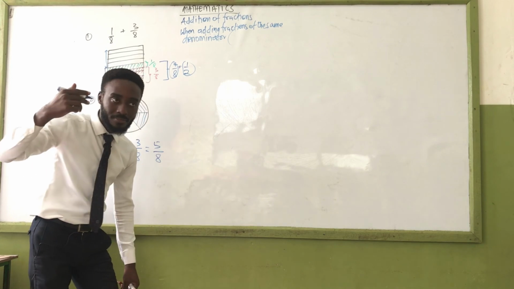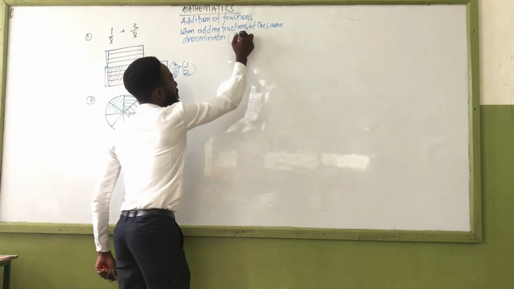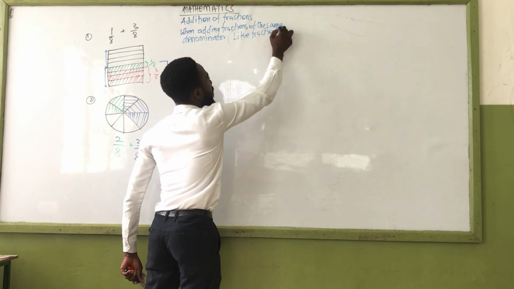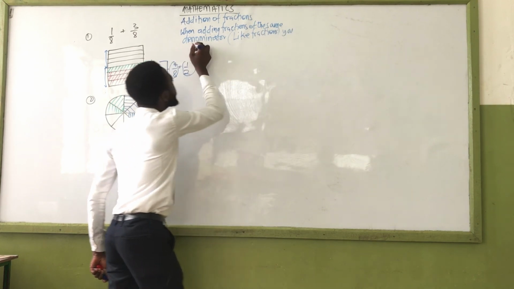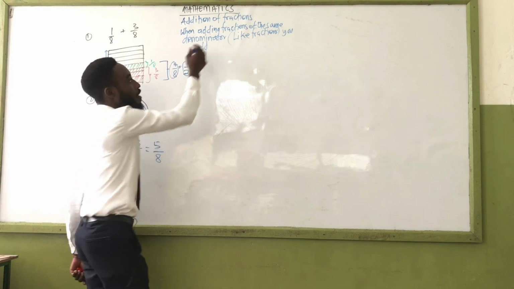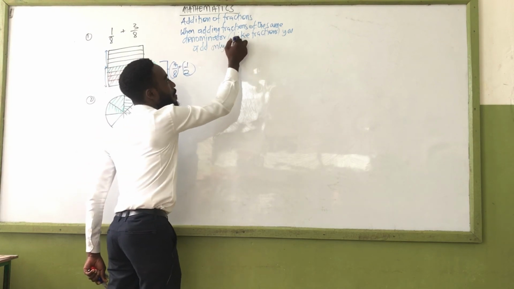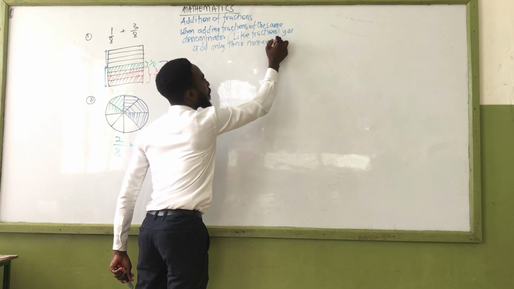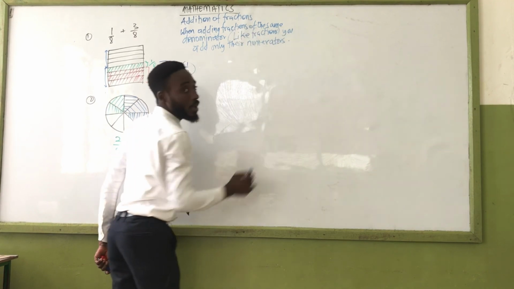It's an L word. All right, like fractions. When adding like fractions, you add what? You add only their numerators. Is that okay?